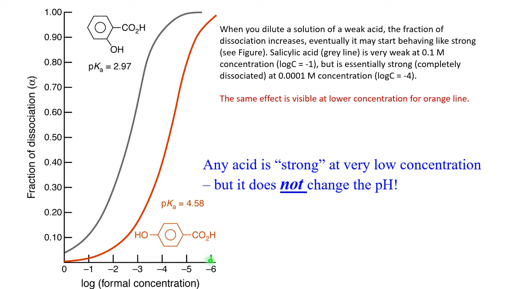But at 10 to the negative 6, it is essentially strong. Any acid is strong at very low concentration. But it doesn't change the pH, because if you have 10 to the negative 6 molarity, that means the concentration of protons you are adding is still very small. It's even less than 10 to the negative 6.